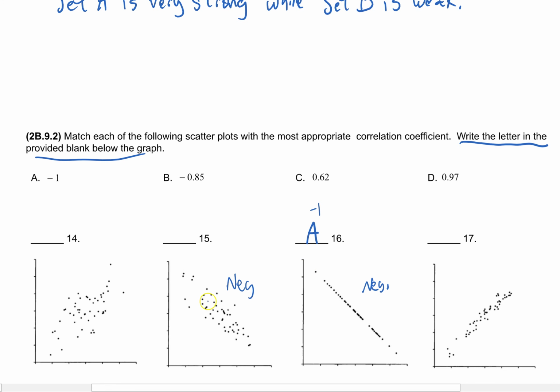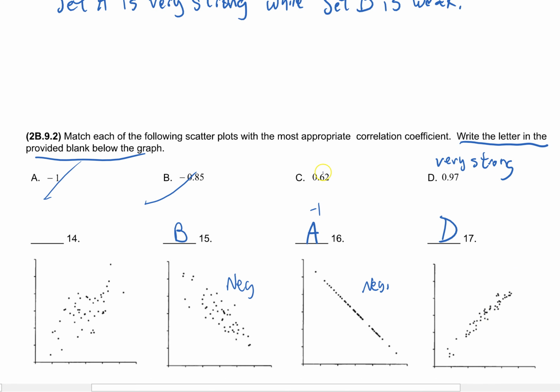The only other choice, and it's pretty good, it's looking pretty much like a line, this is going to have to be -0.85. We wouldn't say it's very strong, we'd say it's moderately strong. And now that we've gotten rid of A and B, we're going to look at the C and the D. Obviously, D is very strong, so you would expect to see something very close to looking like a line. 17 is a much better picture that looks closer to a line.